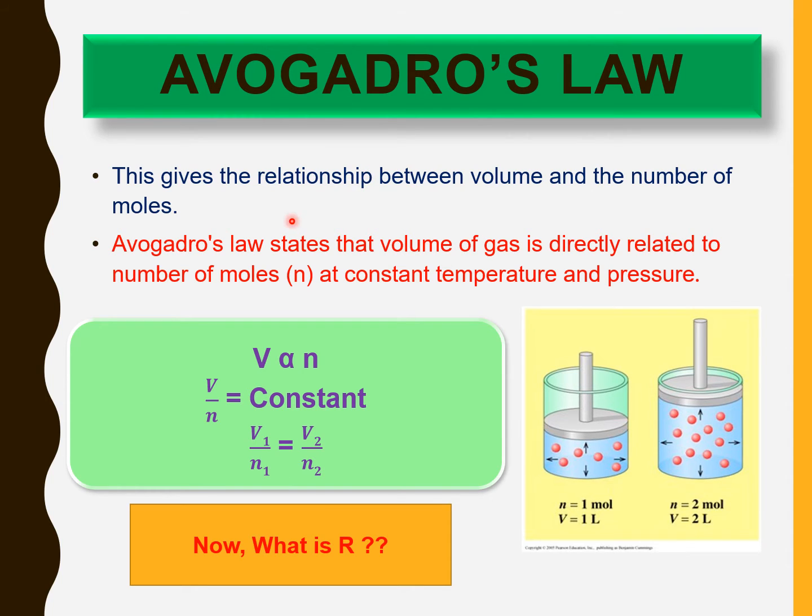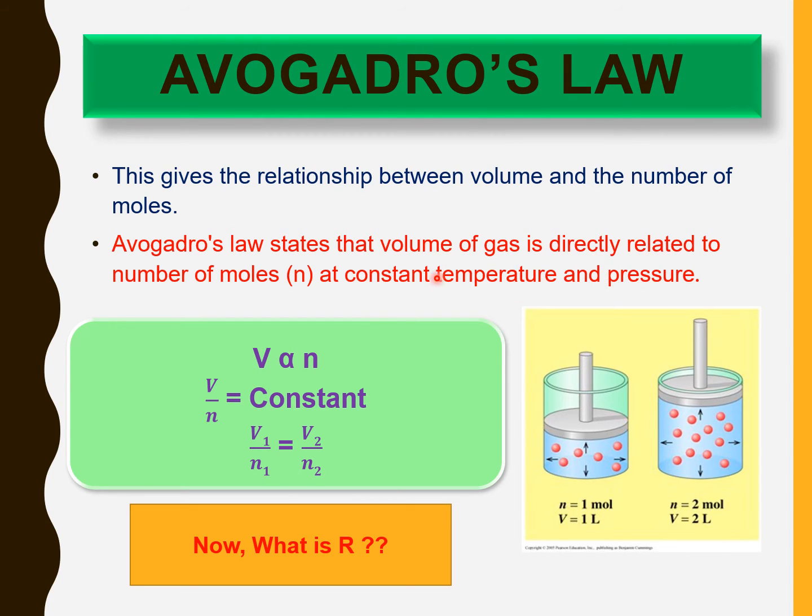Avogadro's law gives the relationship between the volume and the number of moles. If you remember, you have Avogadro's number, which is 1 mole equal to 6.023 times 10 to the power of 23 molecules. He is the same person who gave Avogadro's law for gases, which says that the volume and the number of moles are directly proportional to each other at constant temperature and pressure.